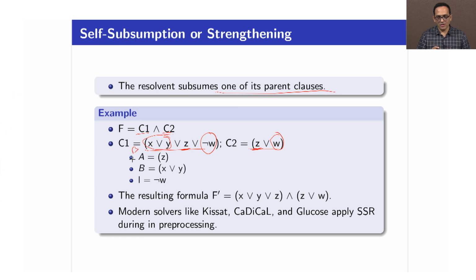So, if I do a binary resolution here, I will get a formula which is X or Y or Z, right, W will go out. So, I will keep this C2 dash, and this is C1 dash, and C1 I will remove, right.